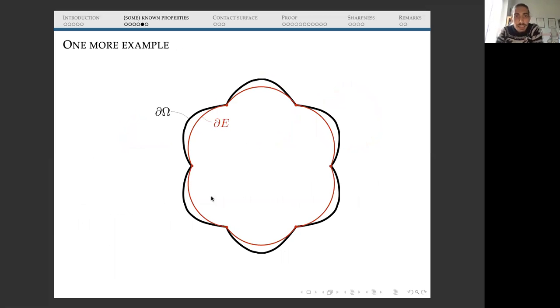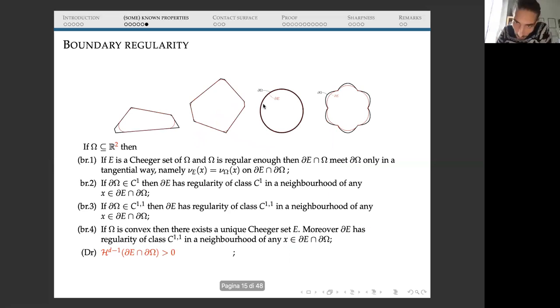Now this guy has a free boundary which is a constant mean curvature hypersurface, or a circular arc in the plane. Then the boundary of omega is Lipschitz, so it's quite innocent. But the Cheeger set and the ambient space share just these 6 points. So the contact surface here is made by 6 points. So you have to add this to the list of your examples.